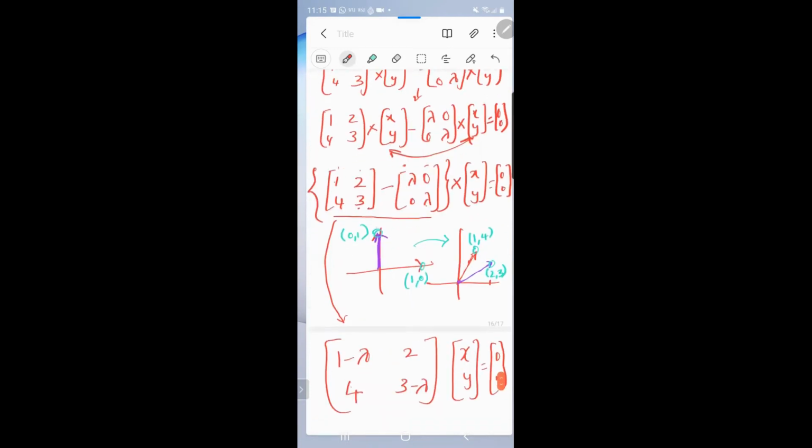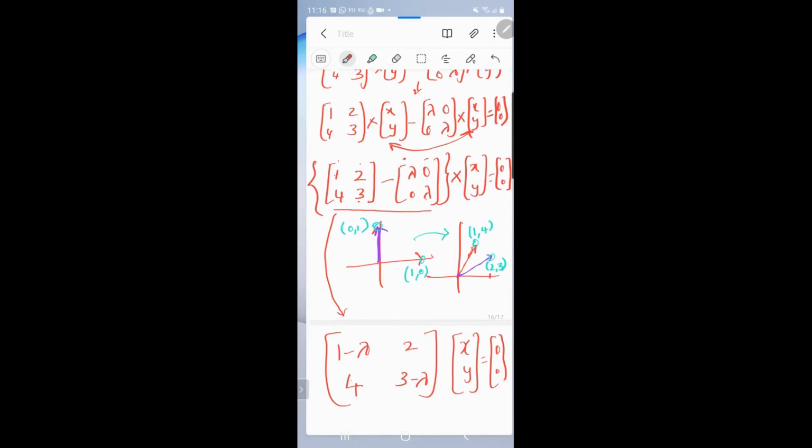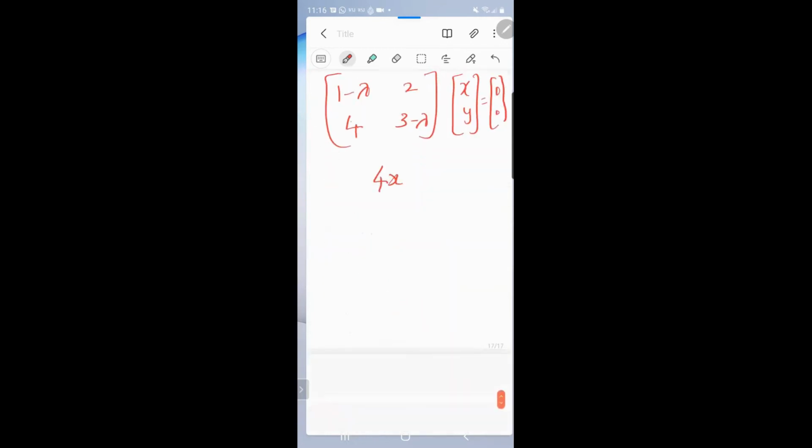Because I group the coefficients of my vector xy, and that's the resulting coefficient of the transformation of the vector that I have in this equation. So something like this, 4x plus 3 equal to 2x. What do you do, Satvik? If you get 4x plus 3 equal to 2x, what do you do?